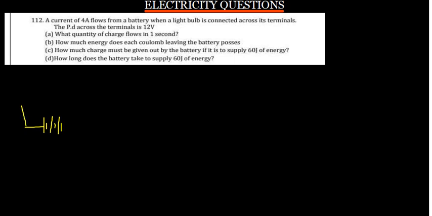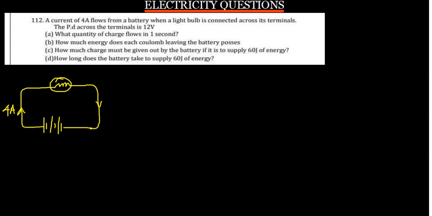You've got a battery, and then you can have something like that. So we have a current of 4 amps moving in this circuit like that.